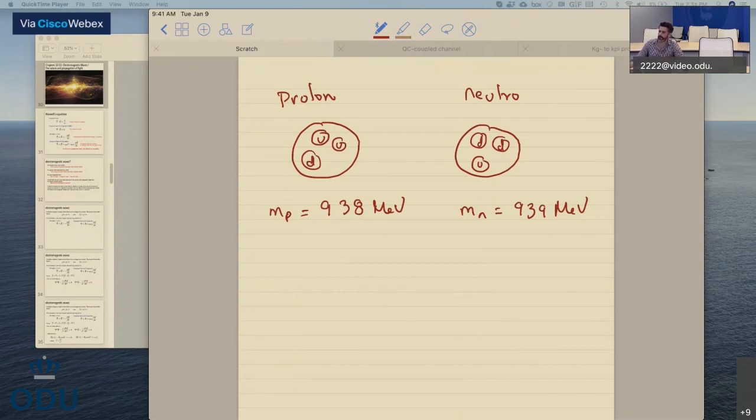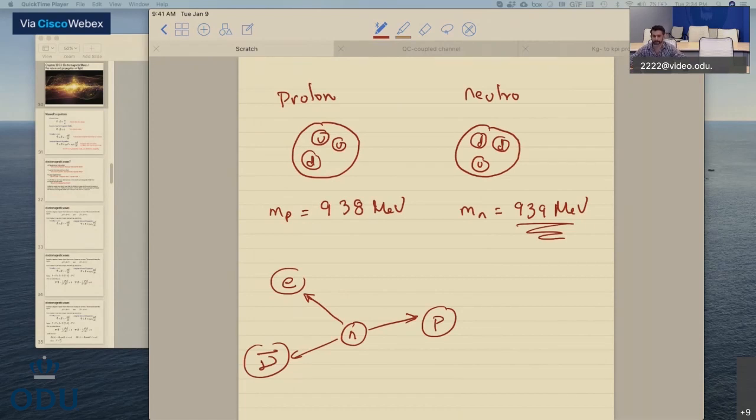So first off, if you forget that the neutron is heavier than the proton, you can think back at the slides that I presented a couple of weeks ago, that I showed that the neutron decays to a proton plus an electron plus an antineutrino.